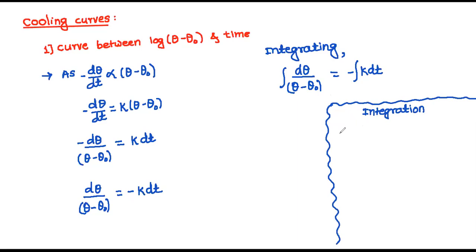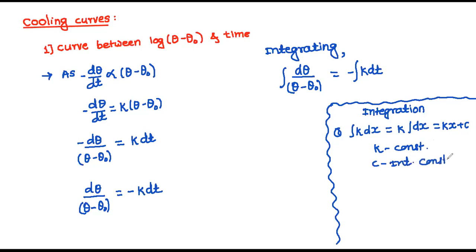So see first one, integration of k dx is equal to k into integration of dx, which is equal to kx plus c, where k is constant, and c is integration constant.